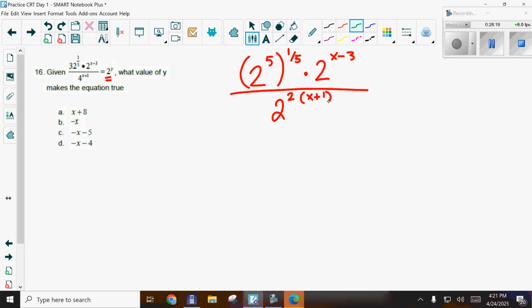Our goal was to turn everything into a 2. Now what we want to do is simplify. So I don't want these parentheses here. So if I do 5 times 1/5, that all cancels. So that right there is going to turn into 2 times 2 to the x minus 3, over 2 to the 2x plus 2.